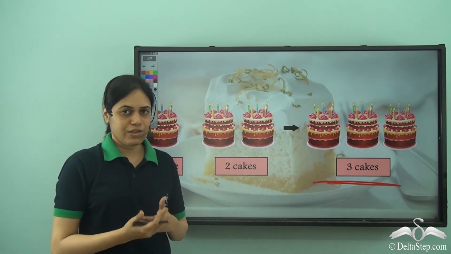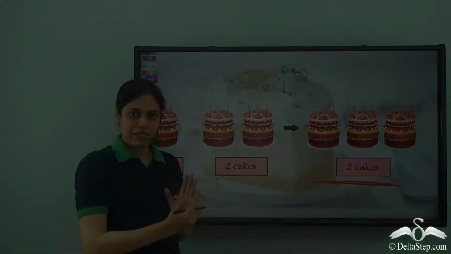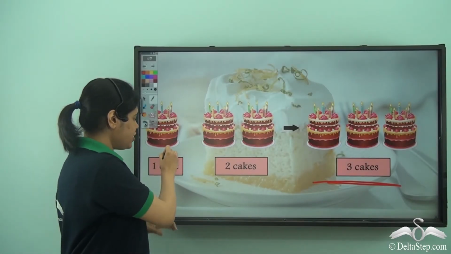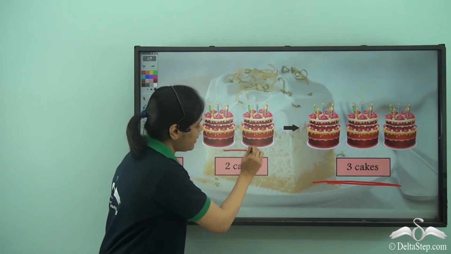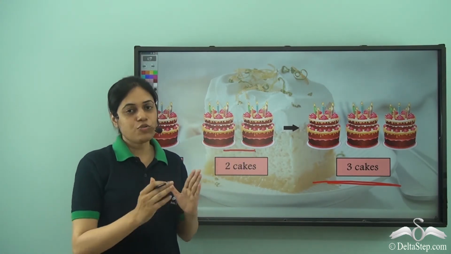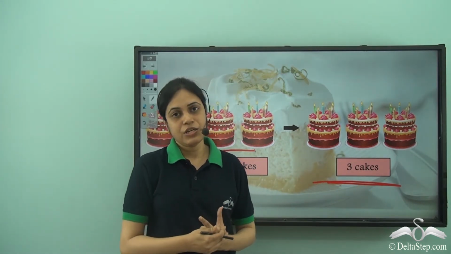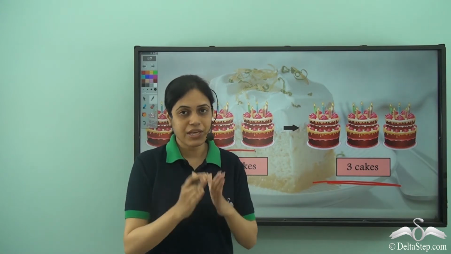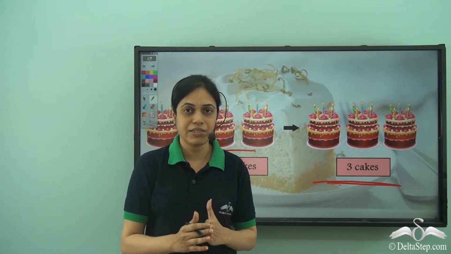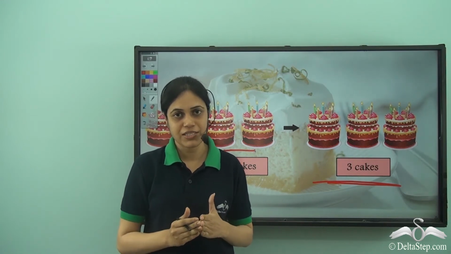So what are we doing here? Well, we are putting together the cakes. The cake made initially and the cakes made later on. So we are putting them together to see that finally we have 3 cakes. So this putting together things or combining things is a very important concept of mathematics.